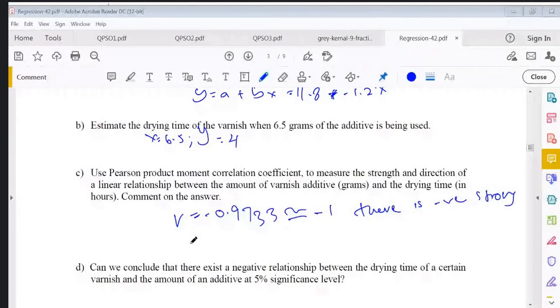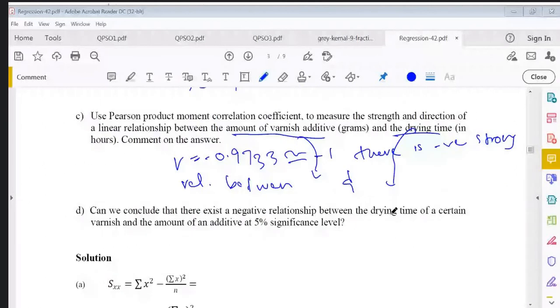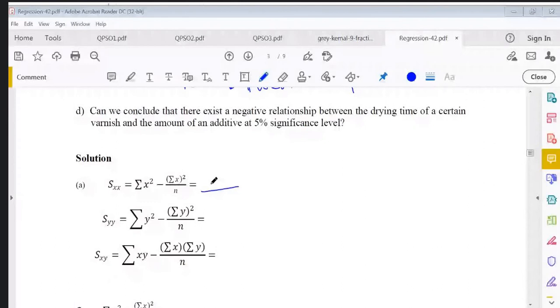You can write that here. The last one, what is the value SXX? Okay, 10. What is the value SYY? Okay, 15.2.